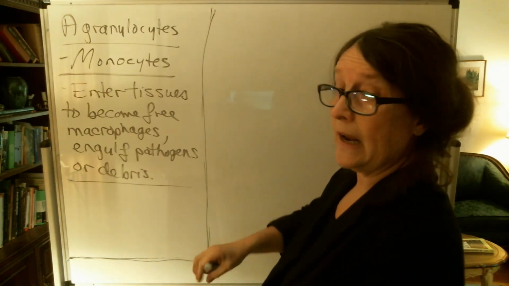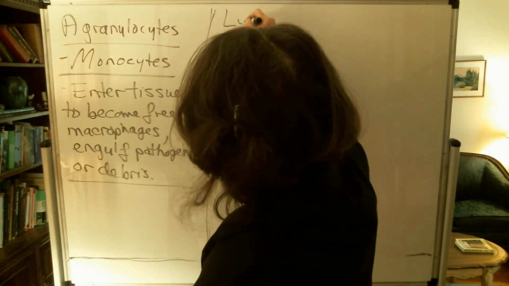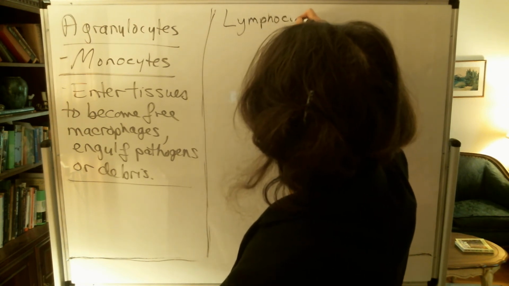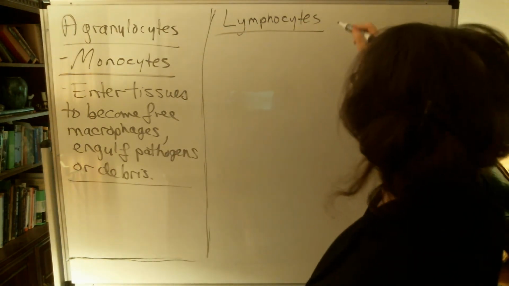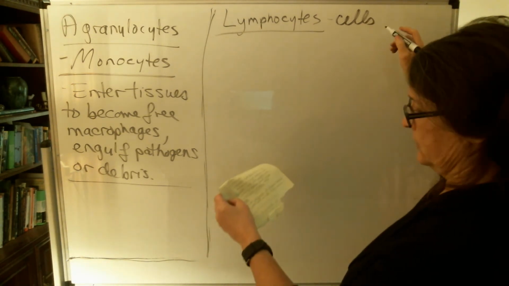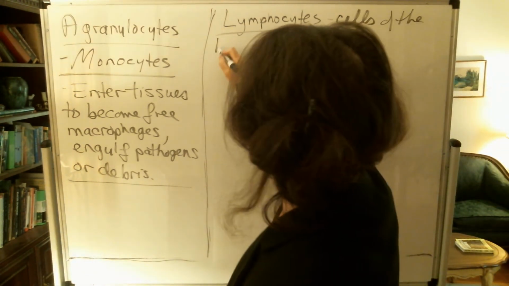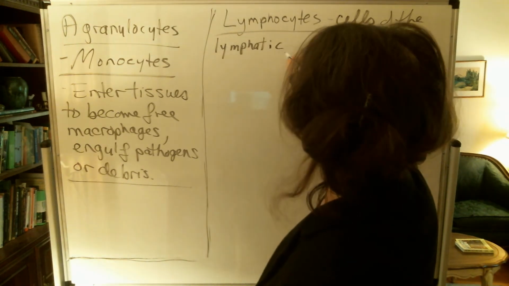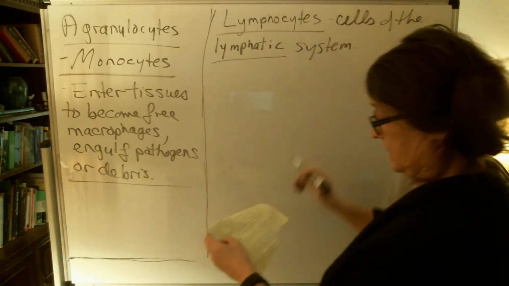So, still talking about agranulocytes now. We also have the type of white blood cell called lymphocytes. So these, although you find them in the blood, these are also cells of the lymphatic system.